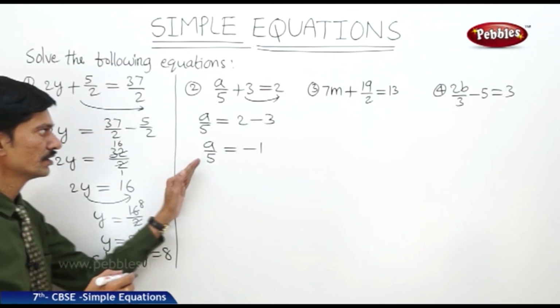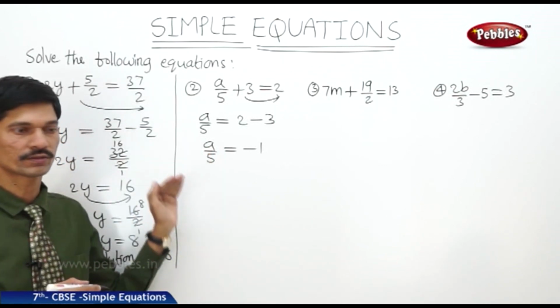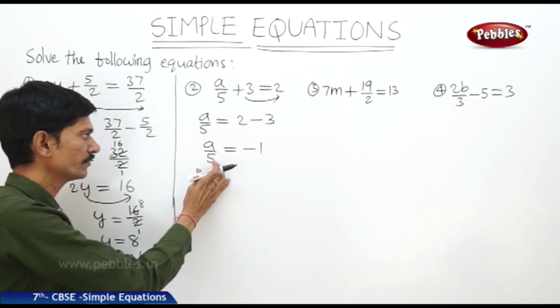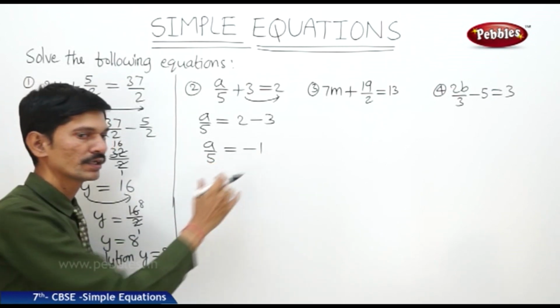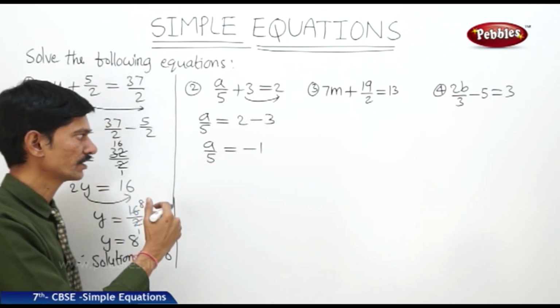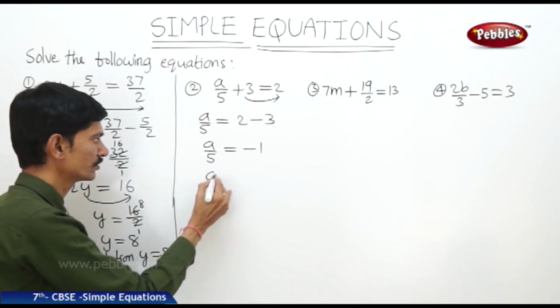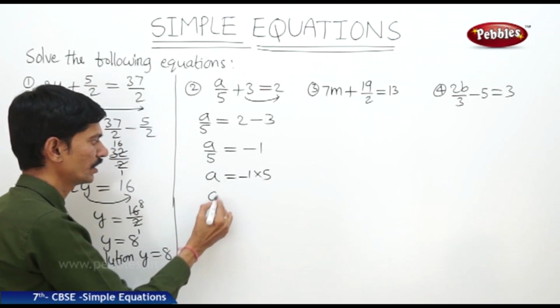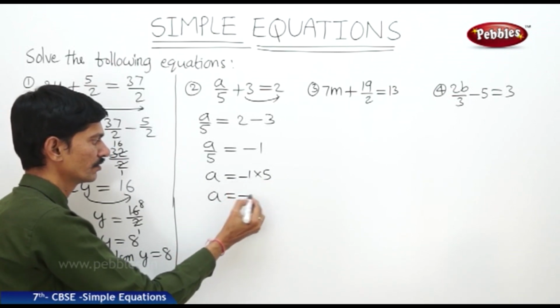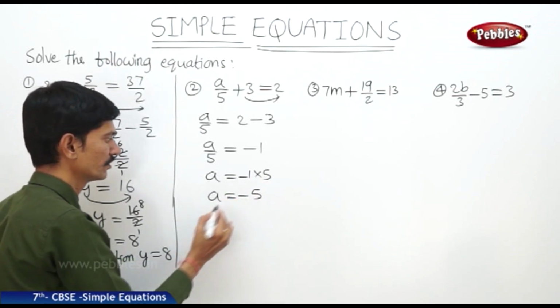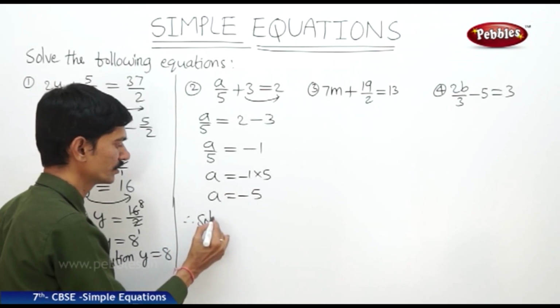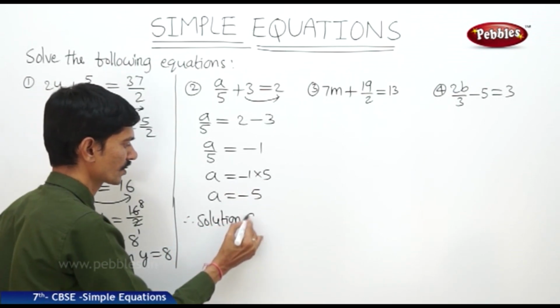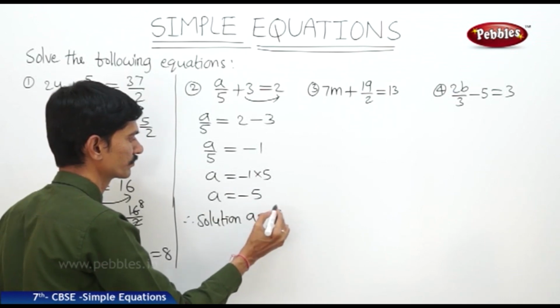Now here a should be separated in the LHS. So we have to transpose division by 5 to the RHS. Then it becomes into 5. So then a equals minus 1 into 5. We get minus 1 5s are 5. Therefore the solution of the equation is a equals minus 5.